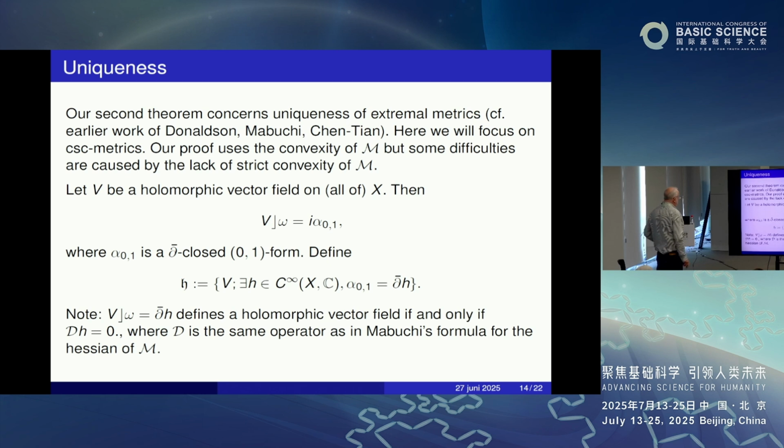I will just look at metrics of constant scalar curvature. And there were previous works in that direction. First, there was a paper by Berndtsson in 2001, where he proved uniqueness of metrics of constant scalar curvature in the case when the Kähler class was integral and the manifold had no holomorphic vector fields.